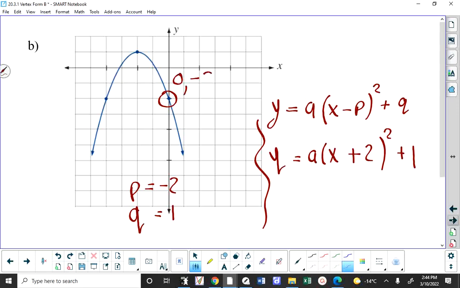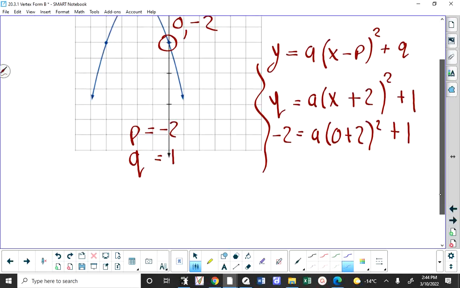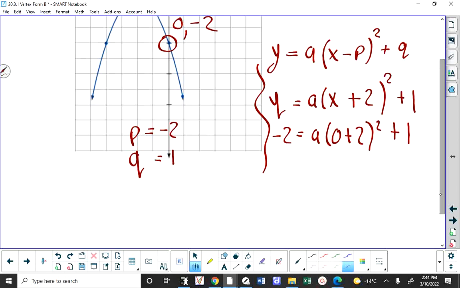0, -2. You could put in -4, -2. It won't matter. So 0 goes in for x. -2 goes in for y. This is kind of like rearranging for the x-intercept, but we're not after x, you're after a.